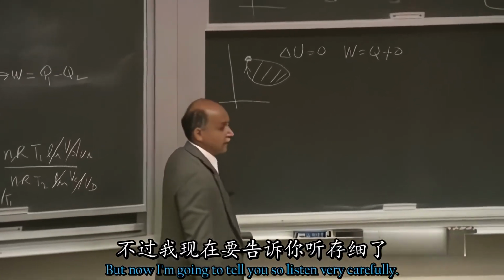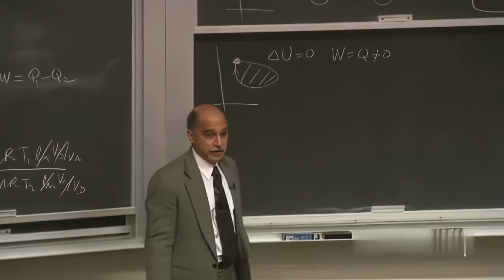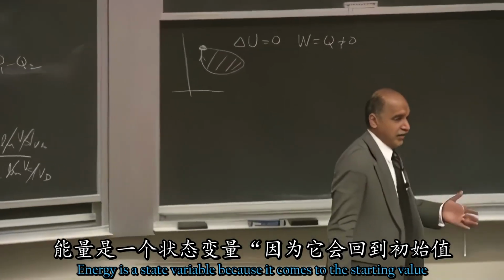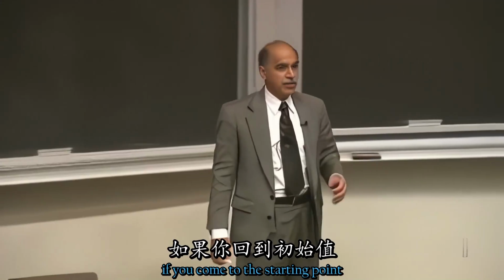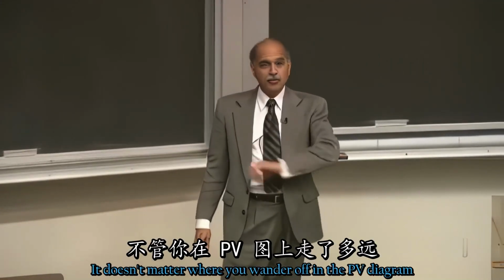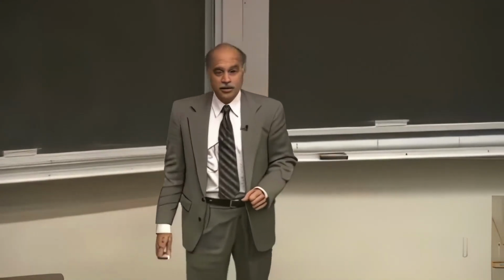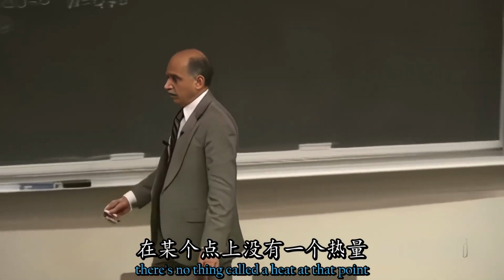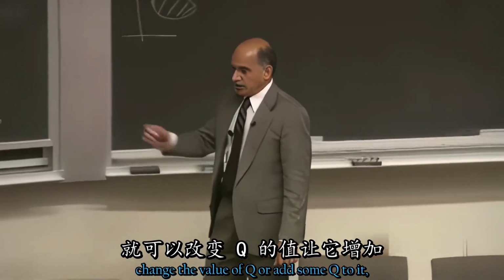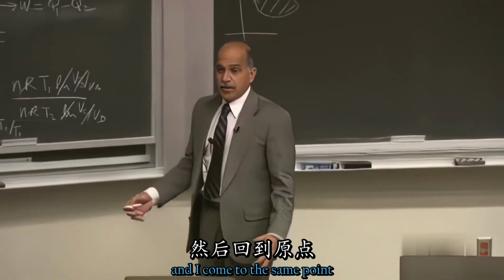But now I'm going to tell you, so listen very carefully. Energy is a state variable because it comes to the starting value if you come to the starting point. It doesn't matter where you wander off in the PV diagram. Heat is not a state variable. There's nothing called the heat at that point because I'm able to go on a loop, change the value of Q or add some Q to it, and I come to the same point.